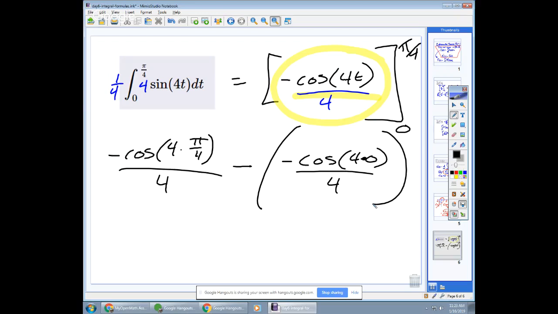So that's going to be -1 times -1/4, which is 1/4 from that. Cosine of 0 is 1. So I'm going to have minus a negative, so plus another 1/4. So it looks like this is going to be 1/4 and 1/4 is 2/4 or 1/2.